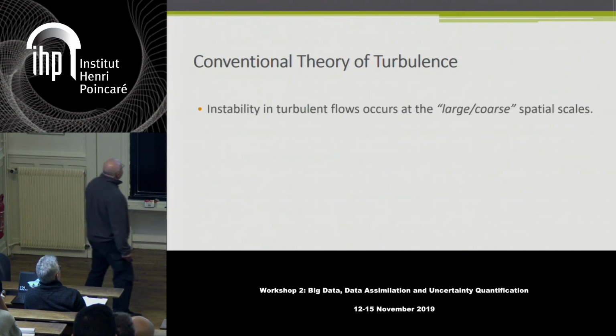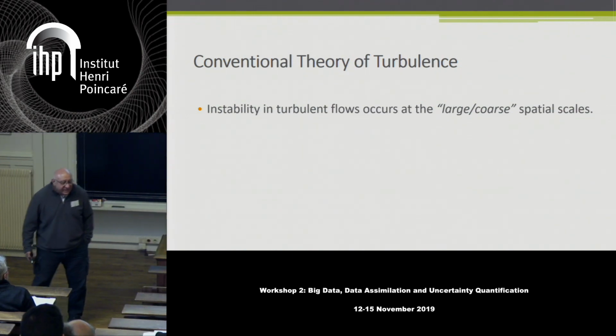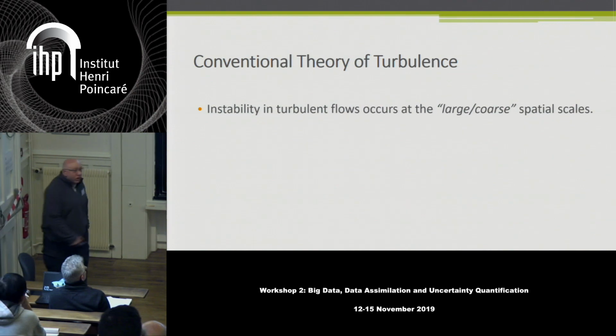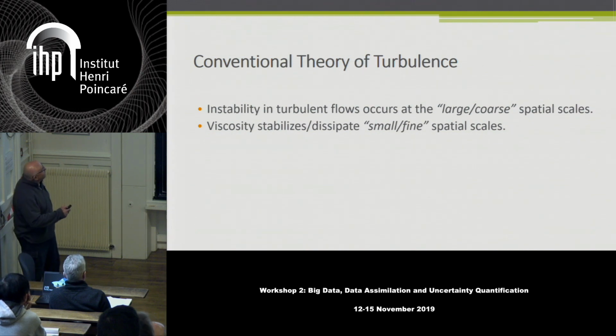The conventional theory of turbulence knows that the instability in turbulent flows occurs at large spatial scales, and I will show you that in a minute, and that there are finitely many degrees of freedom in the flow. So the instabilities occur at the larger scales, and the viscosity is stabilizing the small, finer scales.